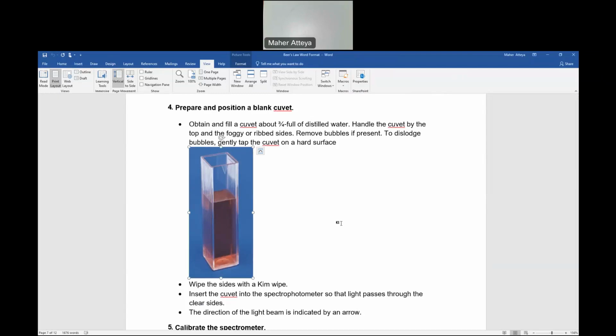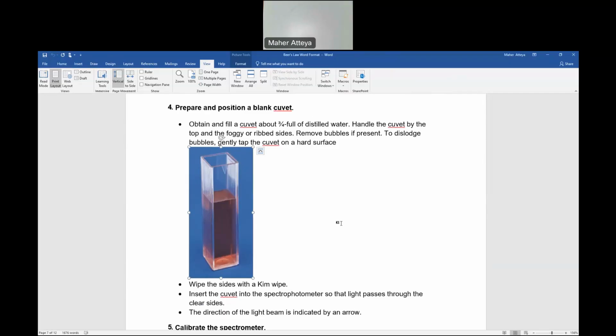The light will go in, that's the intensity, and it will be recorded. Correct? The intensity here will be directly proportional to the concentration of the solution. So you will record what? You will record the absorbance from the software. Are you following me here?